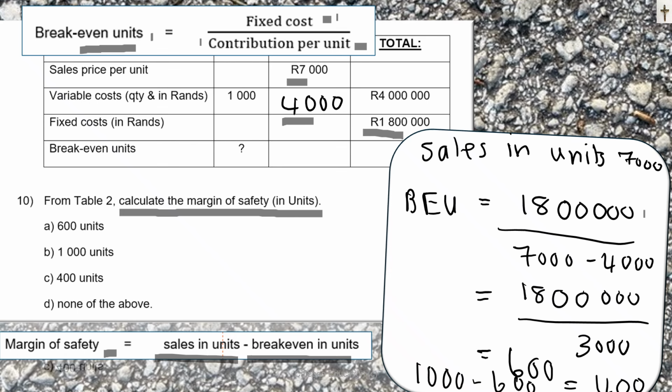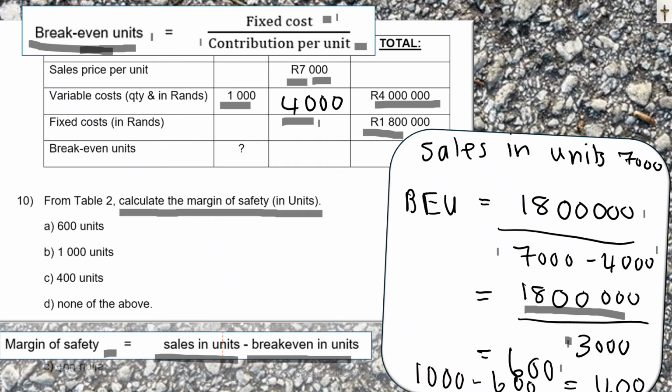The contribution per unit is 7,000 minus 4,000, which is equal to 3,000. If I take the fixed cost and divide by the contribution per unit, we're going to get 600. And 600 is the break-even units.